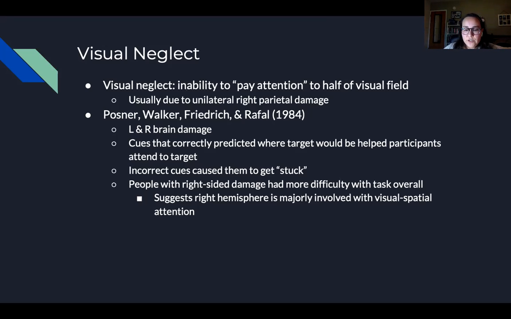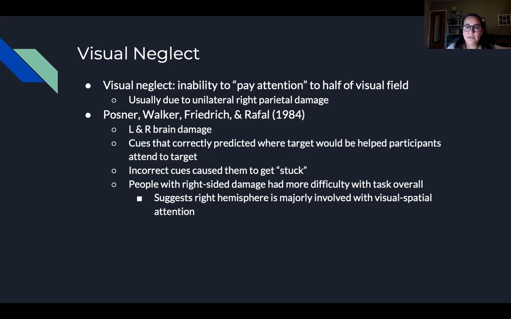And this neglect usually occurs after unilateral or one-sided damage in the right hemisphere, particularly when the damage is in the right parietal lobe. And the parietal lobe, as you might remember, is really crucial for perception and also association, so being able to integrate all the visual information that we have coming in.